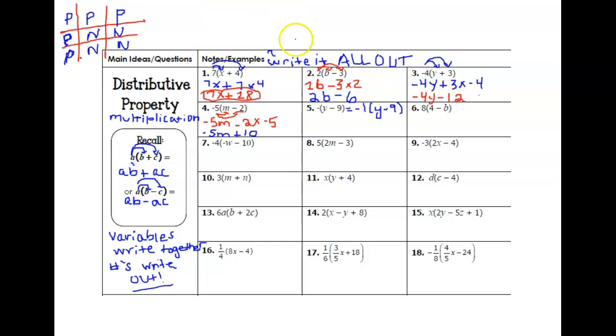And now we'll do the same thing. We're going to distribute the -1 in by multiplication. Remember, if anything's with a variable, I just write it together. So a -1 times y is just going to be -1y. And then I have to write out the numbers. So this would be a -9 times -1.